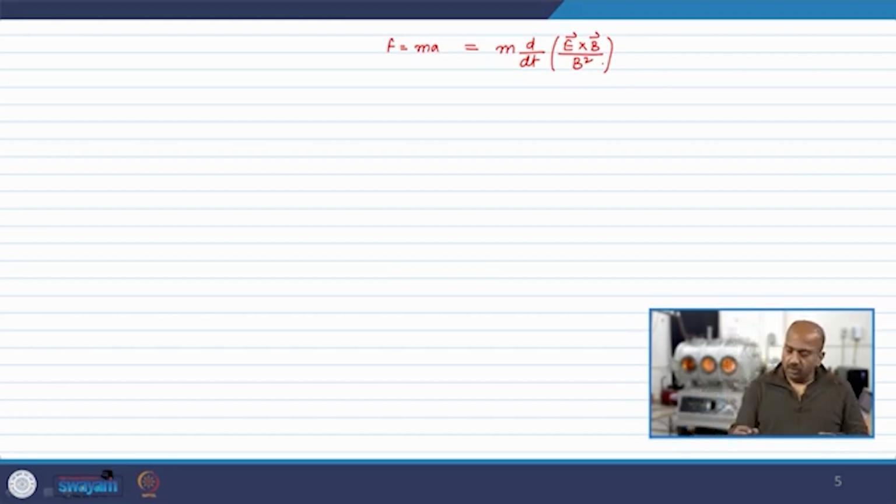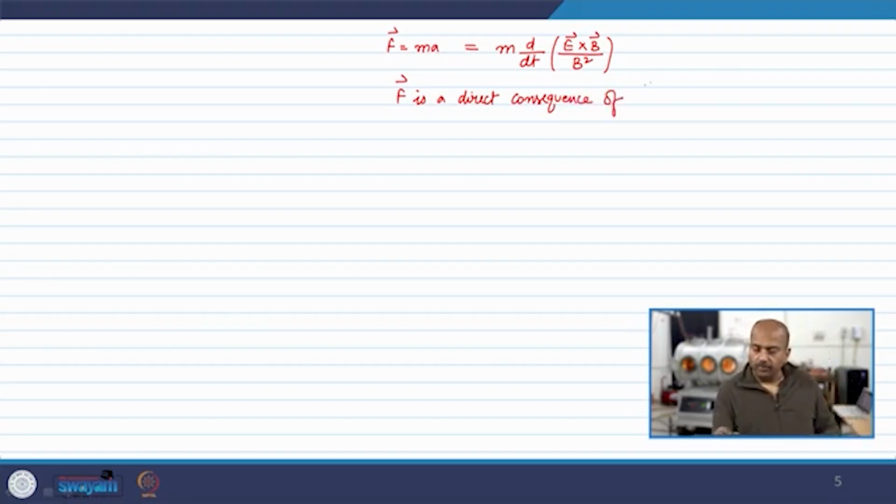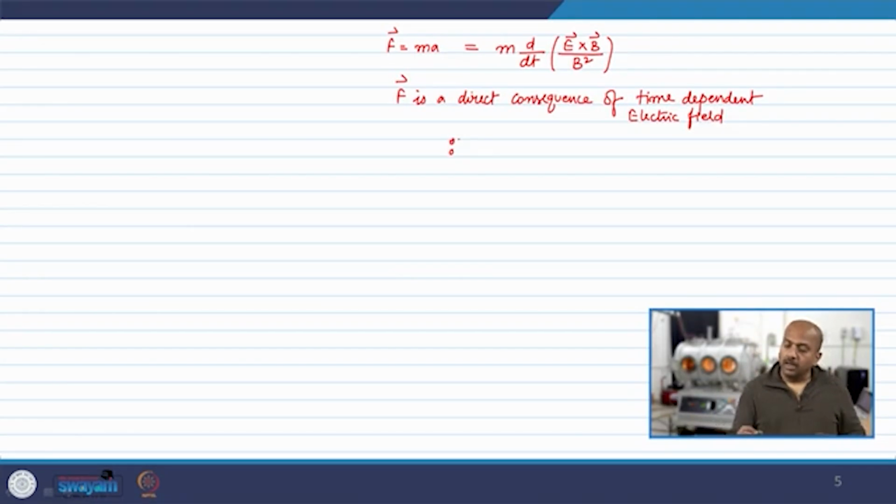This force F is a direct consequence of the time dependent electric field, or it is more appropriate to say that this force is a direct consequence of the electric field being time dependent.